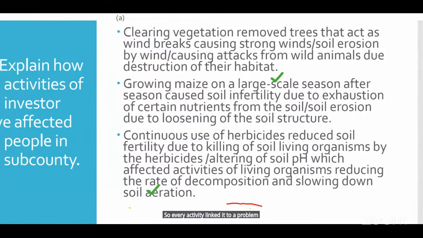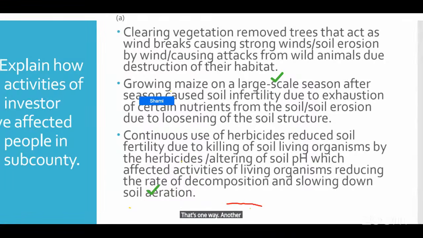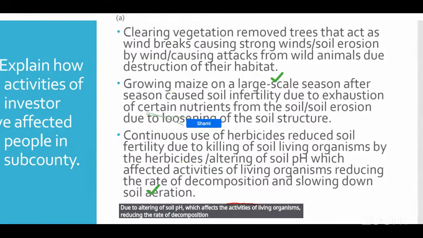So continuous use of herbicides reduces soil fertility due to killing of soil living organisms by the herbicide. That's one way. Another person can say, due to altering of soil pH, which affects activities of living organisms, reducing the rate of decomposition and slowing down soil aeration.